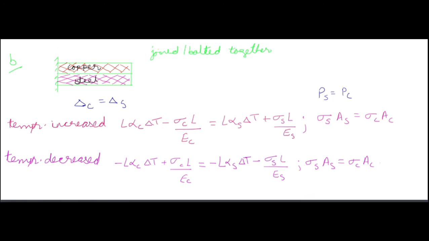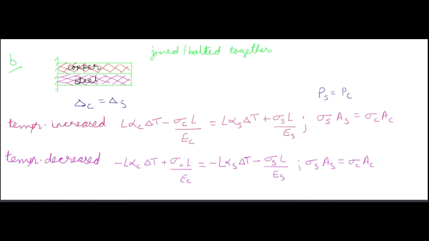Alpha C is more and alpha S is less, which means copper is trying to contract while the steel is holding it and not allowing it to contract.